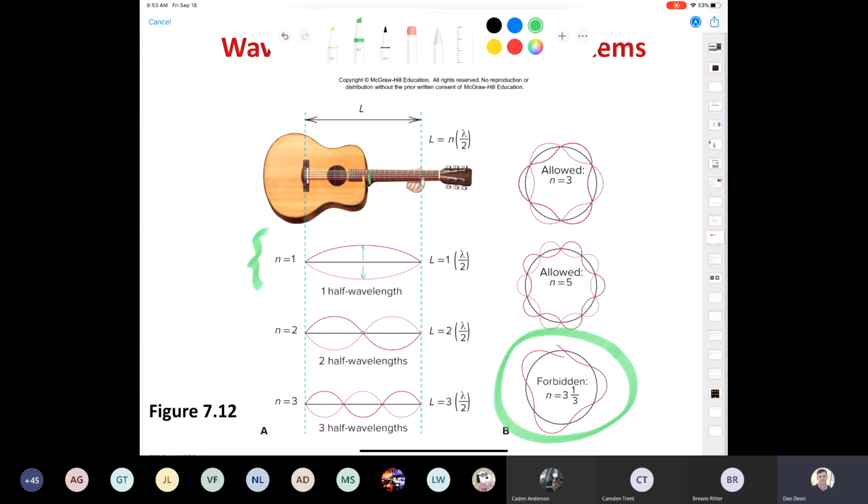Maybe they can only have certain allowed energy levels, because if you think of an electron moving around in its orbit, and its orbit has a whole quantum number, a whole integer, n equal to 5, 3, 2, 1, whatever, all the way up to infinity. If you have a fraction, you're not going to have a standing wave. You're actually going to cancel the wave out. And that is where he came up with that equation from.